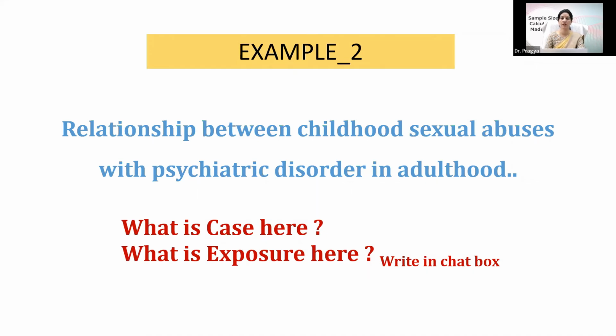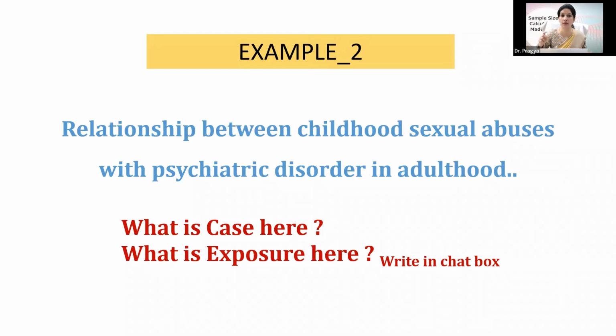You are right. So again, what will I write for the outcome? I have to write the prevalence or proportion of childhood sexual abuse in psychiatric disorder in adulthood. I will take adults who have any psychiatric disorder, then take controls, and then see how many of them had undergone childhood sexual abuse, right?